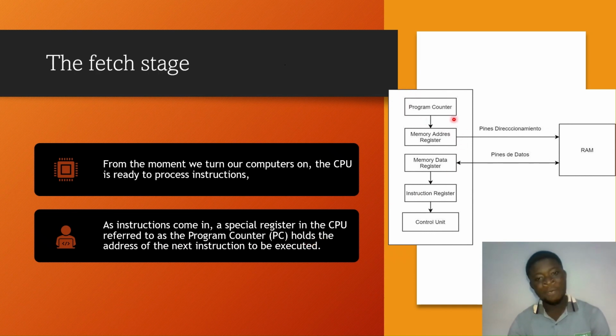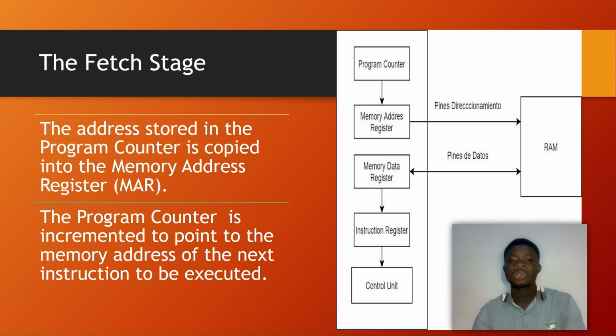As you can see from this diagram, the program counter is responsible for holding the address of the next instruction to be executed. The address stored in the program counter is copied into the memory address register and then incremented so that it points to the next instruction to be executed.